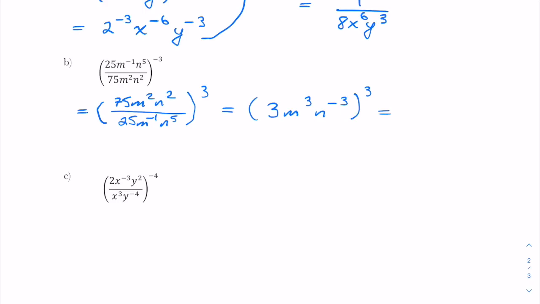So this gives us 3 to the exponent 3, which is 27. That's 3 times 3 times 3. M to the exponent 3 to the exponent 3 is m to the 9, just multiplying exponents. When we move the negative power of n to the denominator, we're going to get n to the positive 3, but then raise that to the exponent 3, you get n to the exponent 9. That's going to be our final simplified answer for part B.